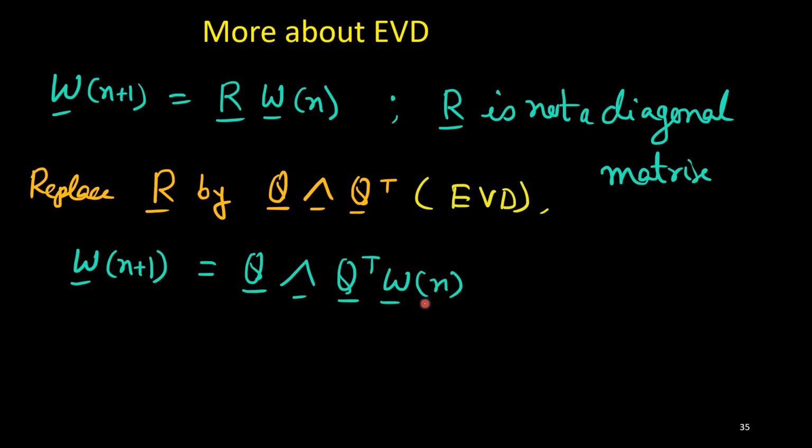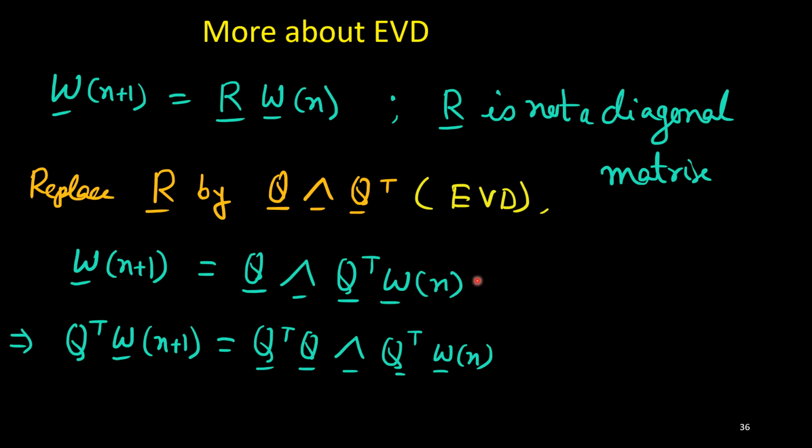So Wn plus 1 vector equals Q capital lambda Q transpose times Wn, right? What I'll do now is multiply both sides by Q transpose, on the left side first. So here is Q transpose times Wn plus 1, and here Q transpose times Q capital lambda Q transpose and Wn. Now Q transpose Q, we already know that Q transpose Q is the identity matrix, because we have considered that all the eigenvectors have unit norm.